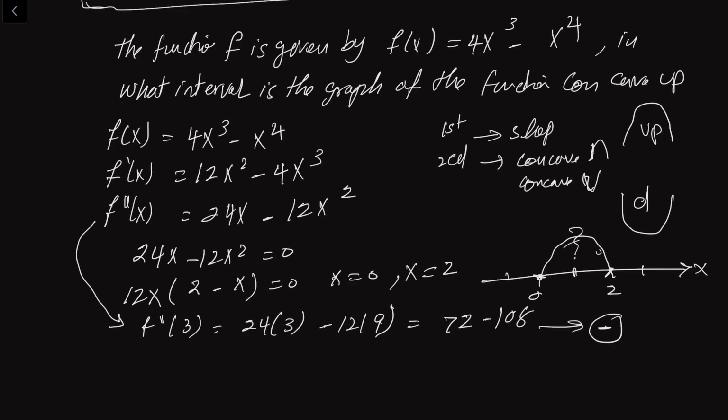So we know at 3 it is negative, so the graph is concave down there.